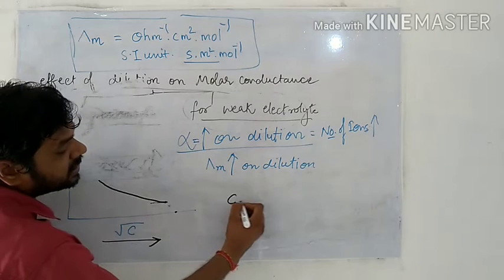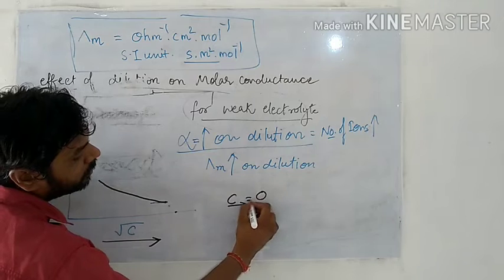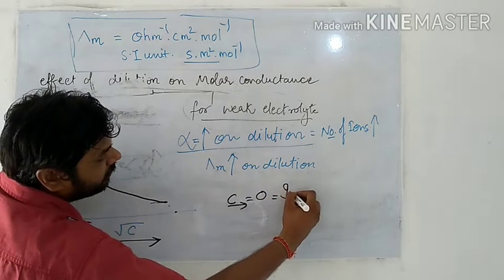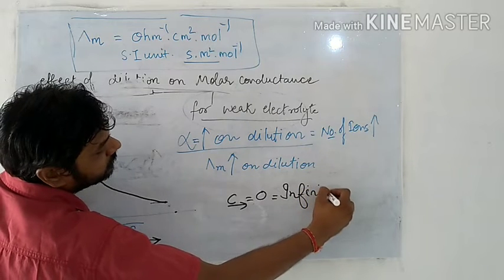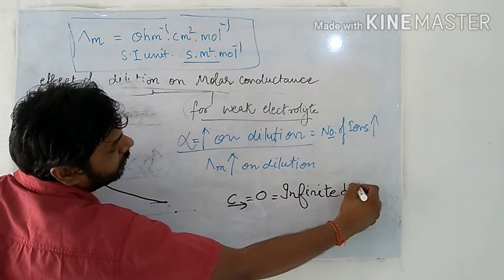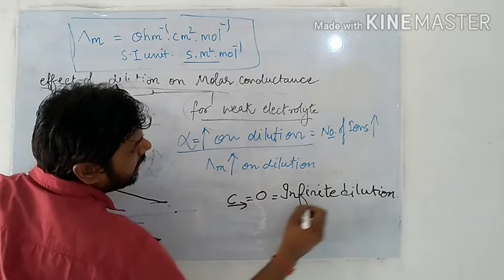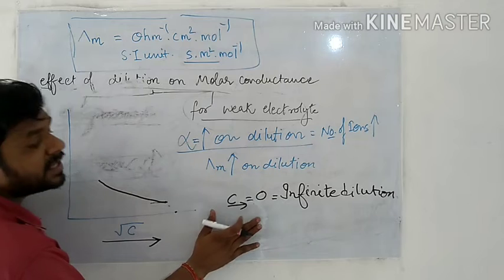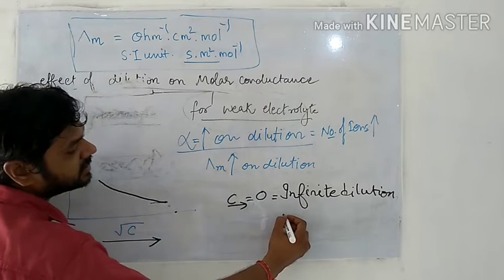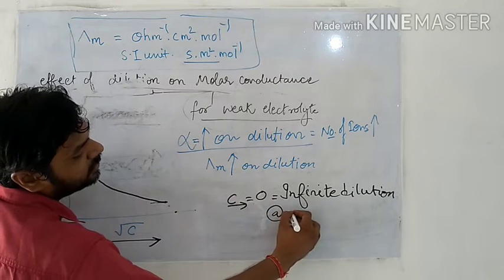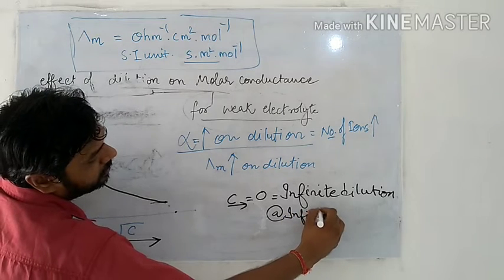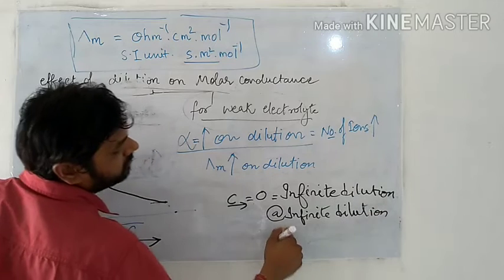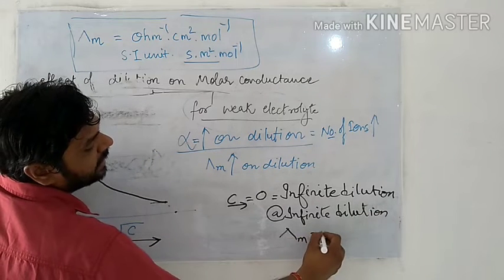And when concentration tends to zero, it means we are talking about infinite dilution. At infinite dilution, where concentration is almost zero, molar conductance is maximum. Lambda m will be maximum.